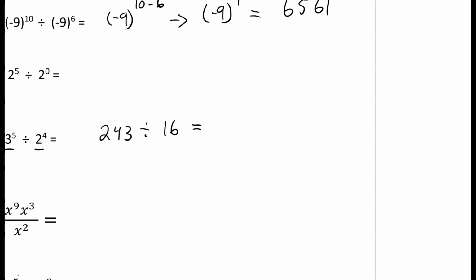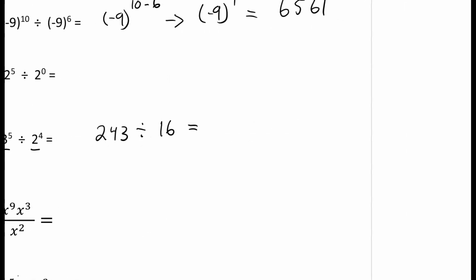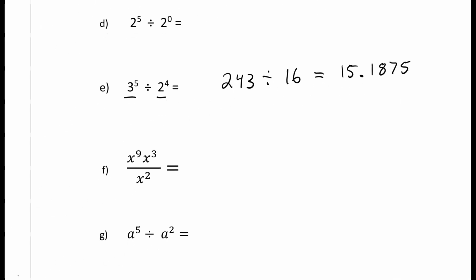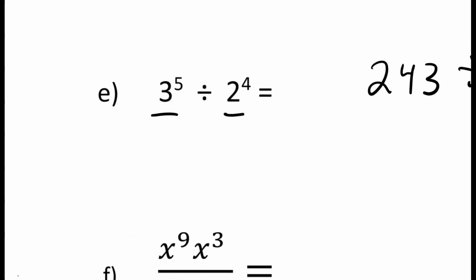Now, finding out what 243 divided by 16 is, well, it will result in 15.1875. So, important thing to remember here is we cannot write as a single power because the bases are different.